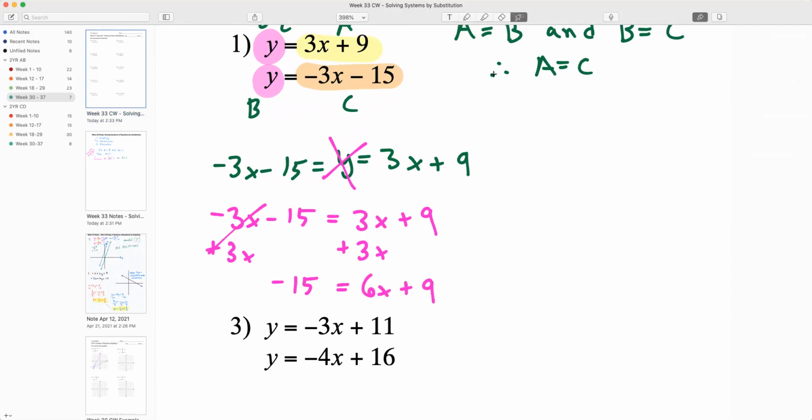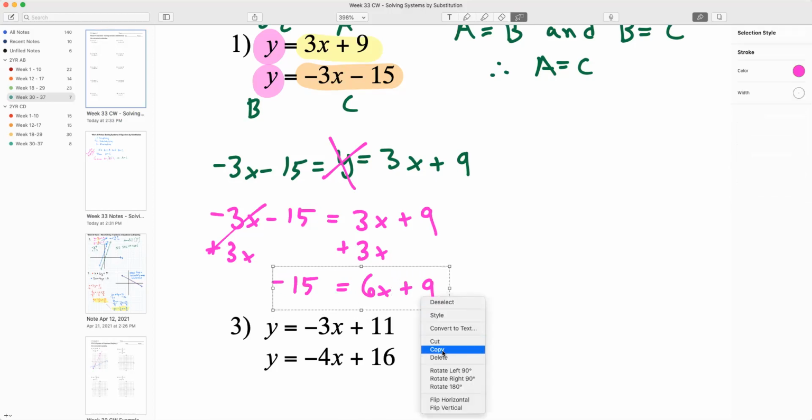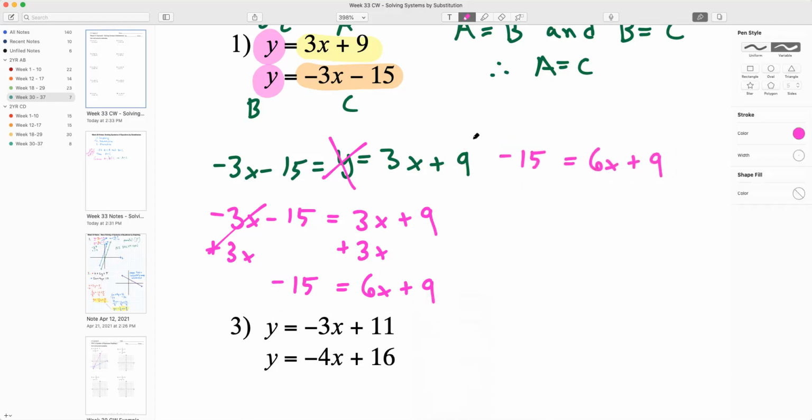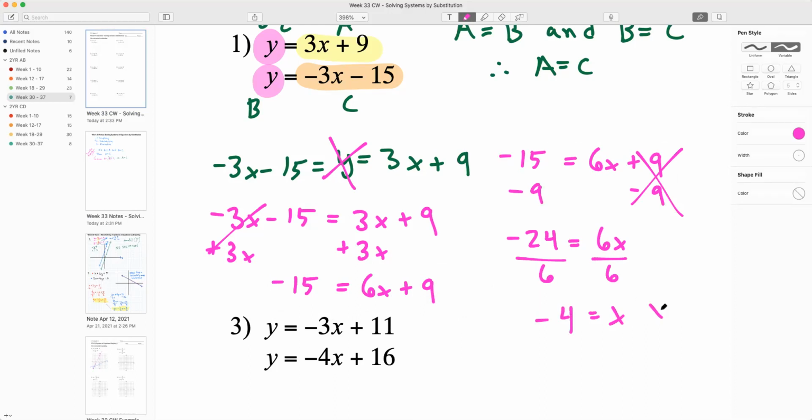Then we subtract 9 from both sides. Negative 15 minus 9 is negative 24 equals 6x. Then we divide both sides by 6, and our x is negative 4, so x equals negative 4.